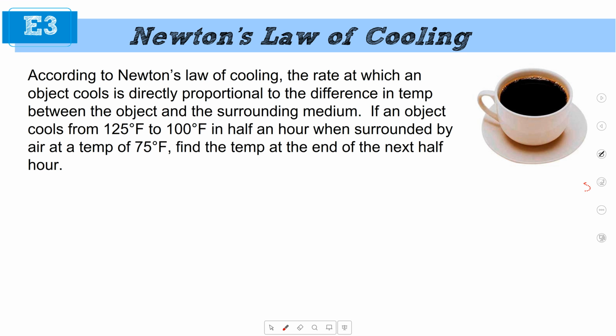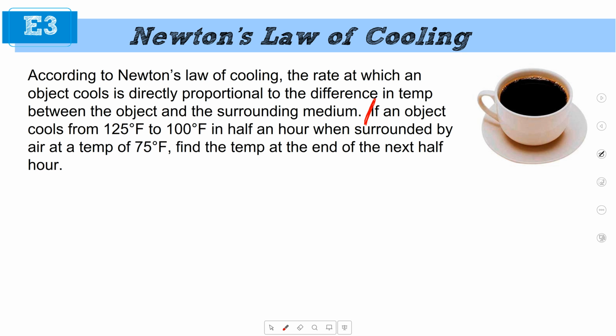Newton's law of cooling: the rate at which an object cools is directly proportional to the difference in temp between the object and the surrounding medium. In other words, the room temp. Okay? So we're going to put all this together into an equation before I start answering questions about the problem. The rate at which the object cools. We can't use T for temperature because we already have T for time.